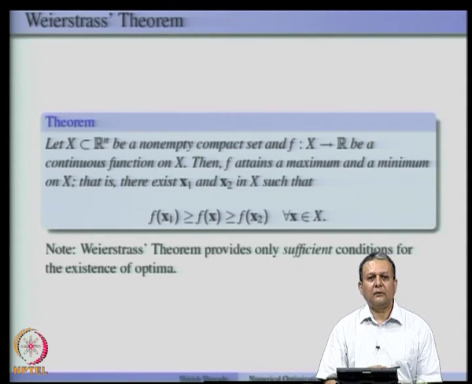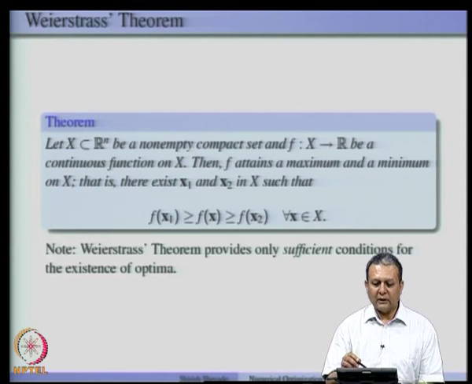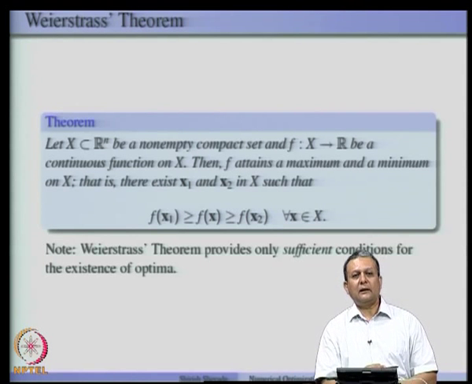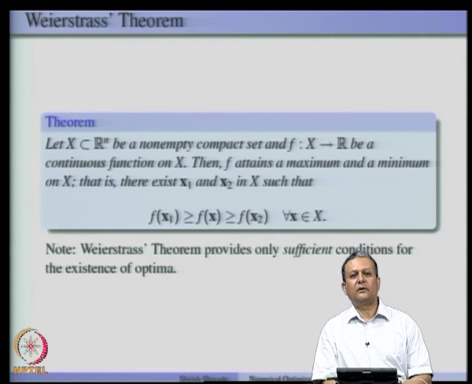That is, if f is a function defined from X to R, then we need X to be compact and f to be a continuous function on X. Then it is guaranteed that there exist two points x1 and x2 such that f of x1 is greater than or equal to f of x, which is greater than or equal to f of x2, for all x belonging to X. As I said, this Weierstrass theorem just provides us sufficient conditions for the existence of optima, but it does not give you the necessary conditions for the existence of optima.